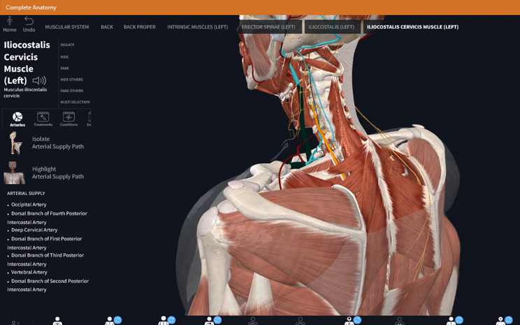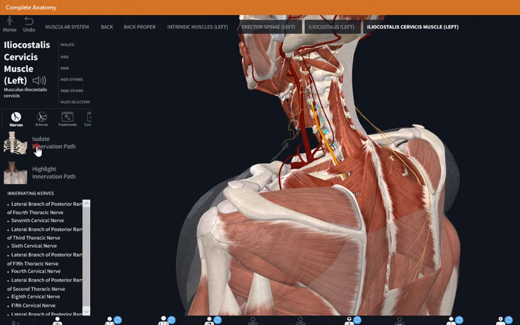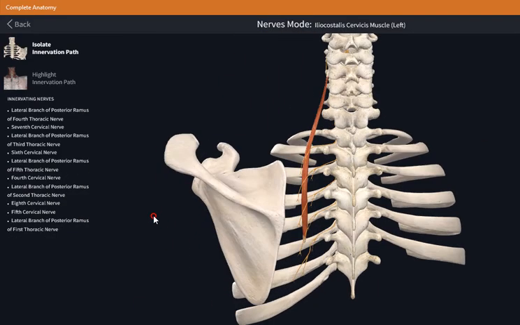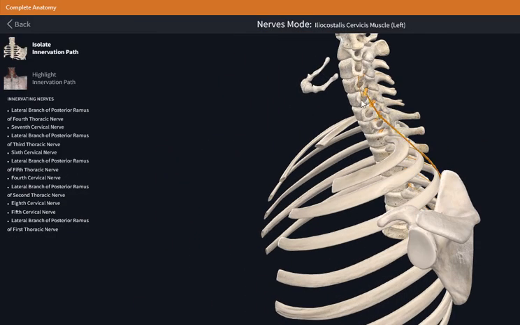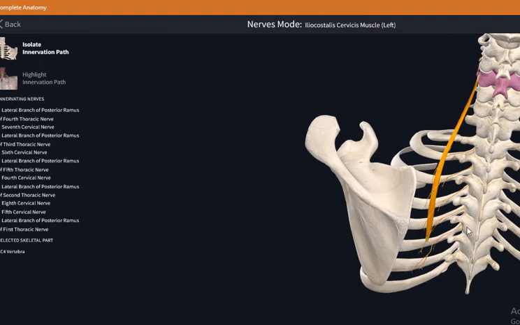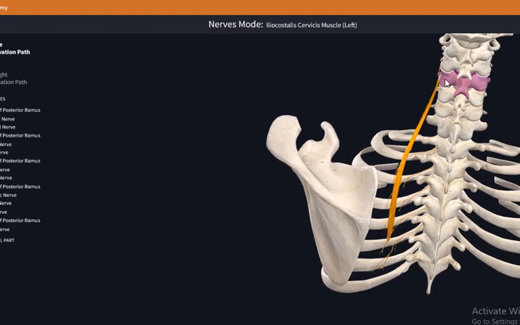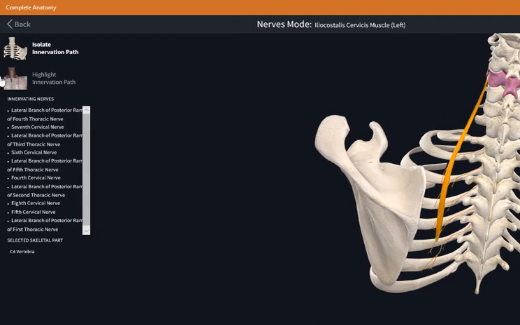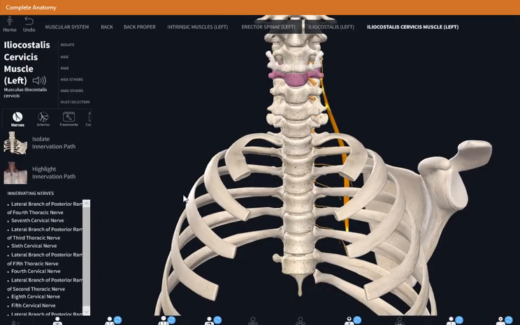So let's now visualize the nervous supply. When we isolate, we see that they are the rami all through the bands they are moving. Since it's moving from C4 to T5, all the fibers from C5 to T5 are going to be involved in the supply of the muscle.